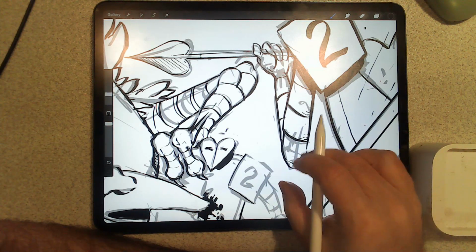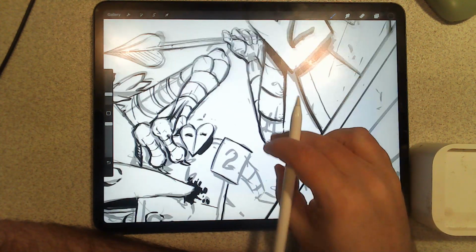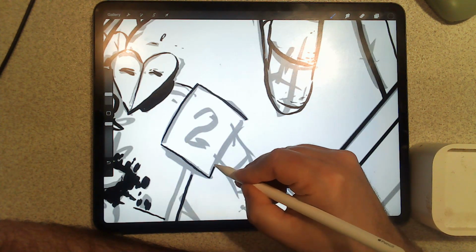Card. Number is always on the left shoulder guard. It's on the front and the back.